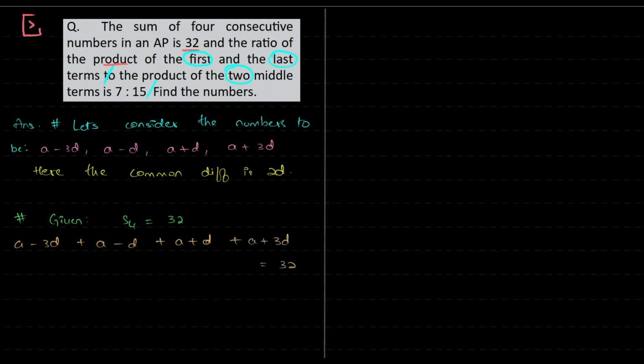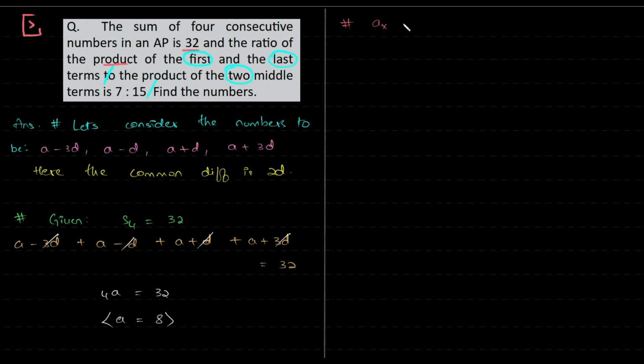This and this get cancelled, this and this get cancelled, and we have 4a equal to 32, so a is equal to 8. It's a small satisfaction that we found one of the unknowns. That's the advantage of doing it this way, though both can be handled in the same manner.